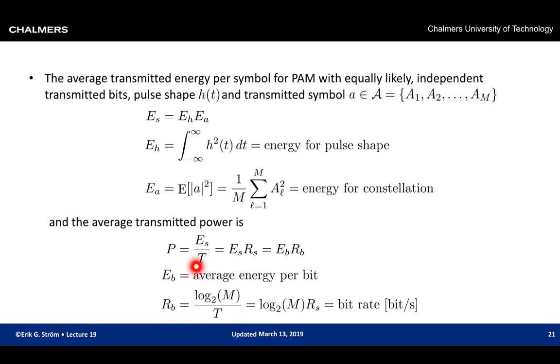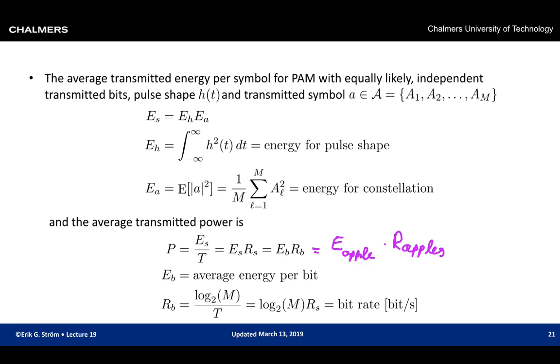If we have the transmitted power, it's related to the energy per symbol through this relationship. Power is energy divided by time. This comes from standard physics. So the question is to figure out what energy and what time to relate that to the power. The transmit power is the energy per symbol multiplied with the symbol rate. Or, if you like, the energy per bit times the bit rate, or the energy per apple times the rate of apples.